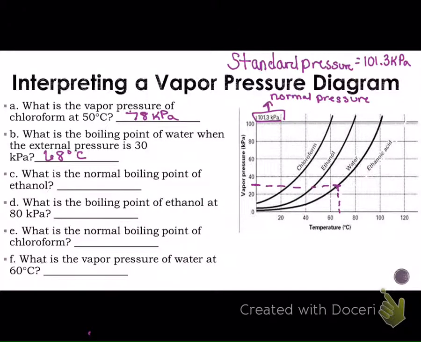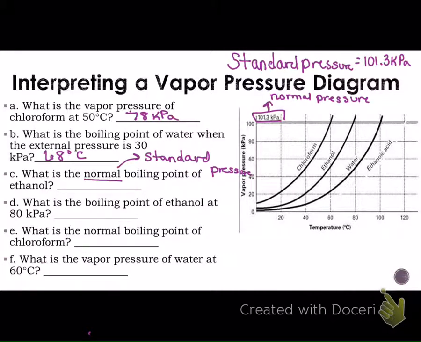Just like on our phase diagrams, this next problem has some similar questions that we've seen. It asks, what is the normal boiling point of ethanol? As soon as I see normal, that means standard pressure. We already identified standard pressure is at 101.3 kPa.